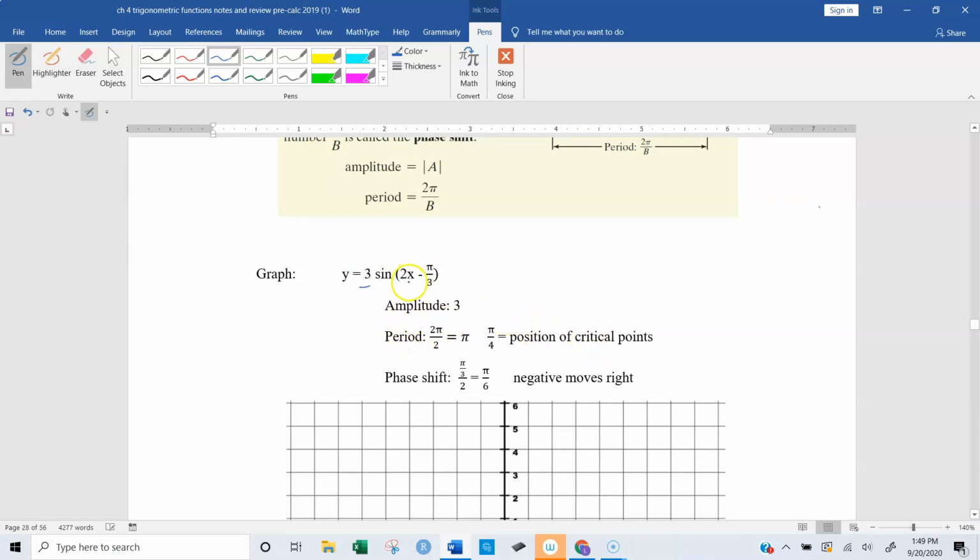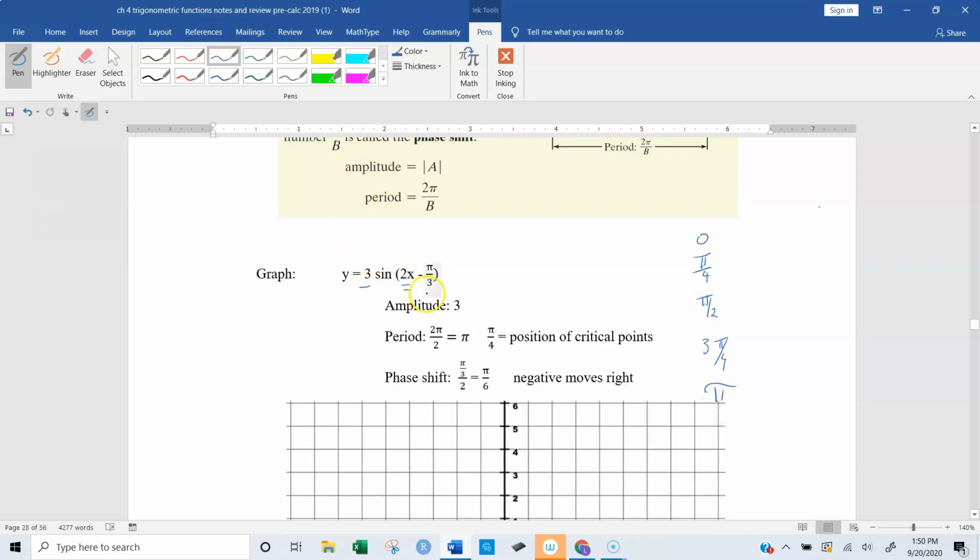My period, I take the 2 pi and divide it by 2. Again, nothing different. So I got pi, so my critical points are every pi over 4. So we've done that before. So we're going to start at 0, pi over 4, pi over 2, 3 pi over 4, and pi. So I've ended up where I'm supposed to. I've got my 5 points.